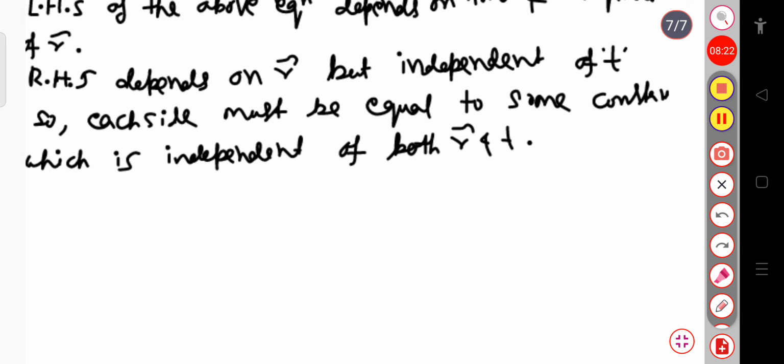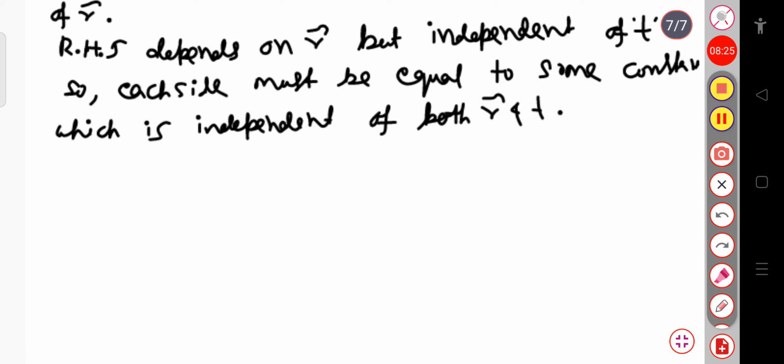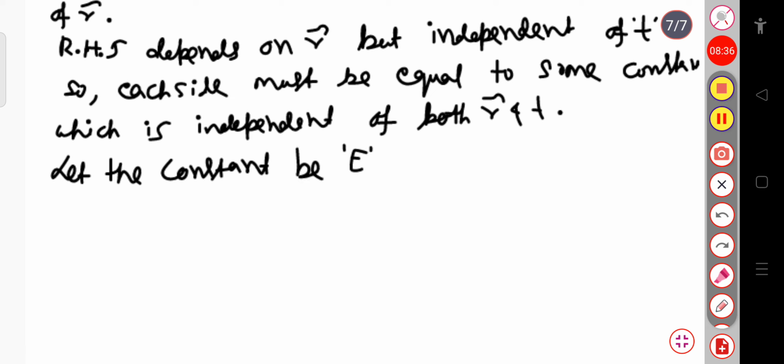Now let me give that constant a name, suppose E. Let the constant be capital E, that is the separation constant.